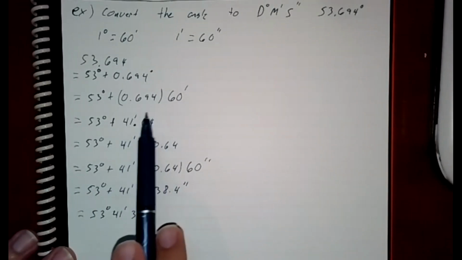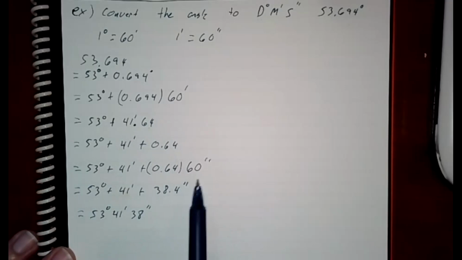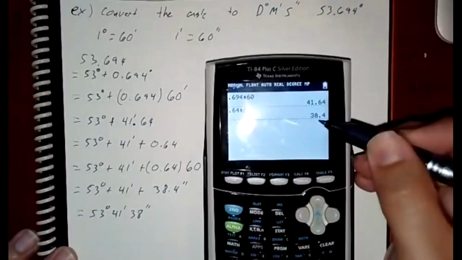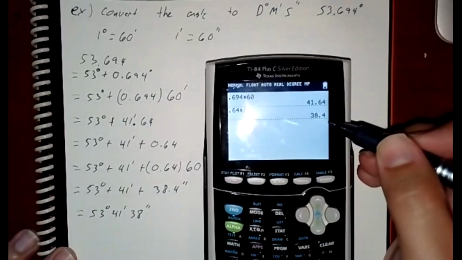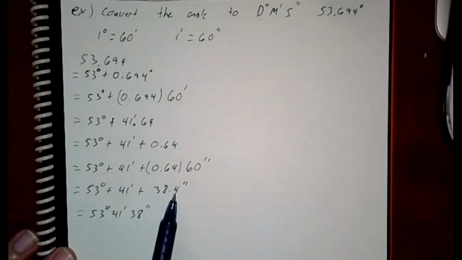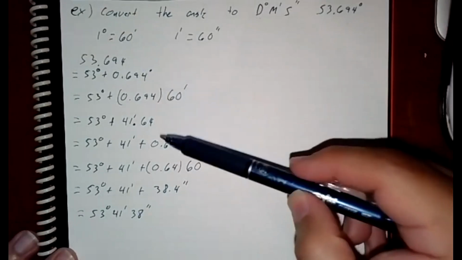So we cut the 0.64, separated it, and multiplied that by 60 minutes. Sorry, 60 seconds. Keep mixing that up. So that'll be 38.4. So that came from just multiplying. And then at that point, we're done. We just get rid of the 0.4. So we're converting pieces of the decimal at a time.